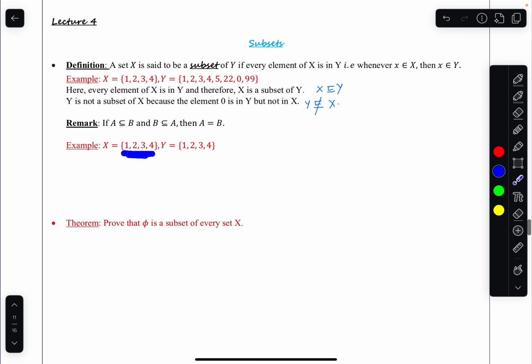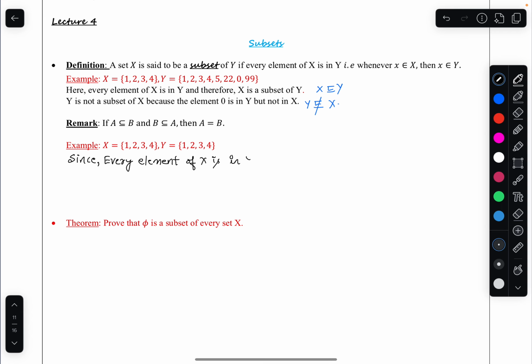If you see, every element in the set X is there in Y. So since every element of X is in Y, we have X is a subset of Y. Similarly, every element of Y is there in X as well. Every element of Y is in X and therefore Y is a subset of X.